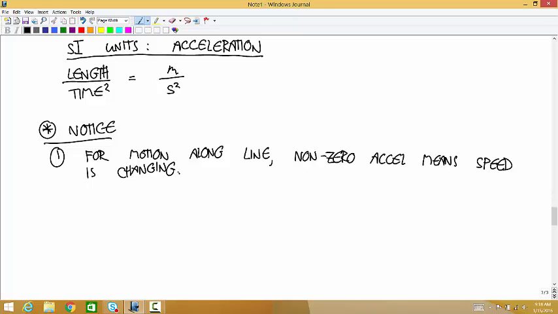A lot of the things that we're talking about along a line are going to hold, or roughly hold, in 2 dimensions and 3 dimensions too. But this is one where it's pretty qualitatively different.